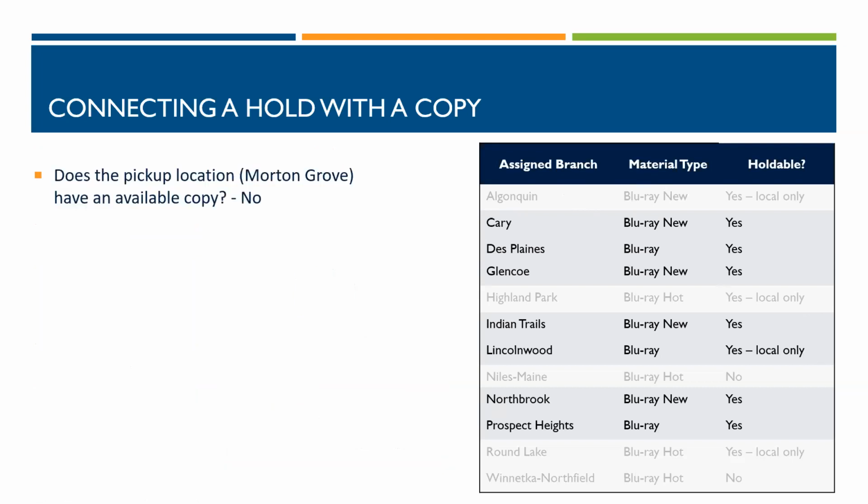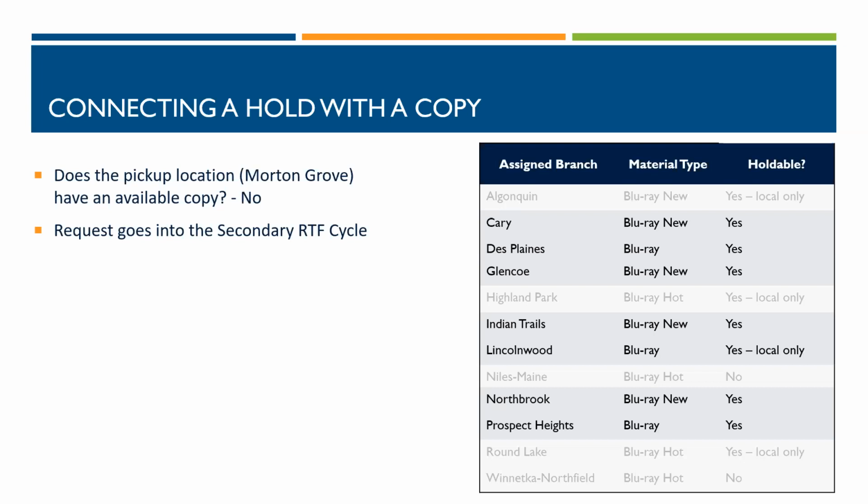Polaris is first going to check the primary RTF cycle, which consists of the pickup location, Morton Grove Public Library. Now, the pickup location does not have an available copy. So our request is right away going to move into the secondary RTF cycle.